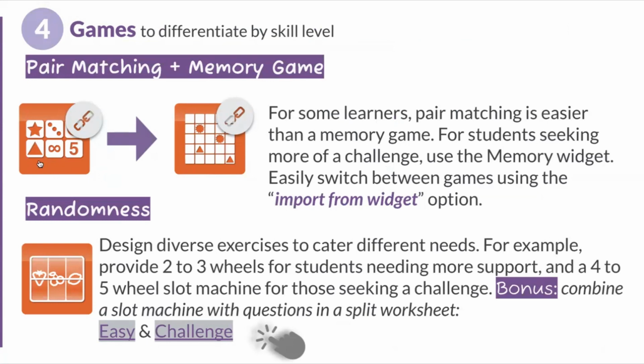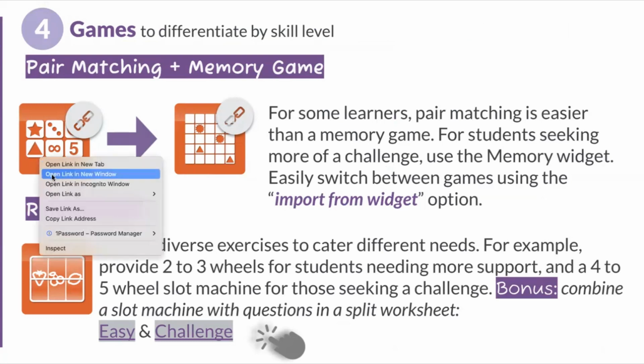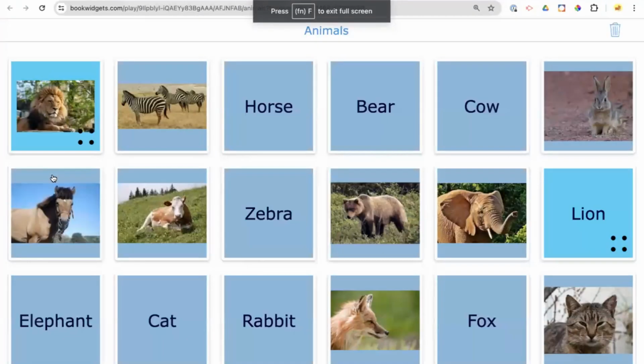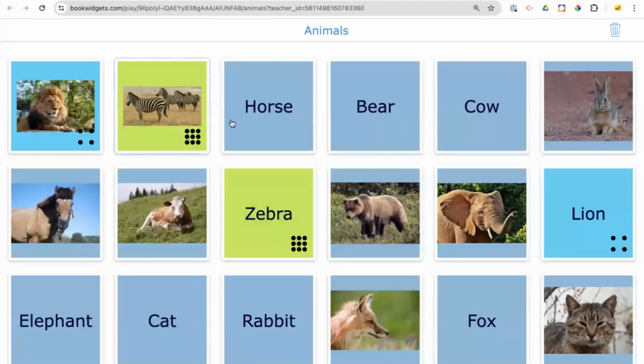For pair matching, everything is revealed to the students. So as they look at the cards, you can match pictures to words or even audio to pictures and words within your pairs. So it's real fast and easy to say, oh, look at how quick I can do this.